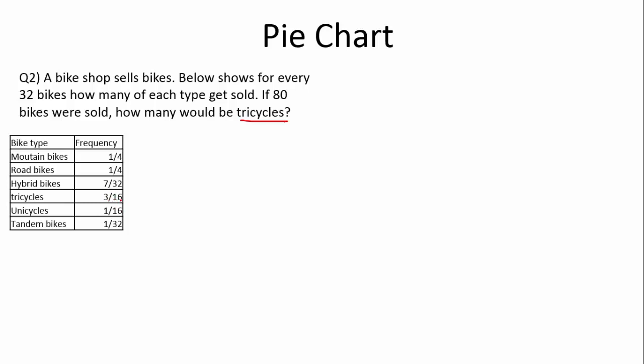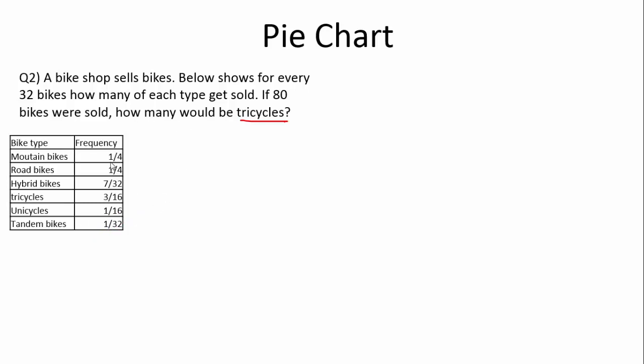So if we looked at every 32, we would know that 6 of them would be tricycles. Okay, so we know that 1 out of every 4 bikes sold is mountain bikes, the same for road. 7 out of every 32 bikes sold are hybrid. 3 out of 16, 1 out of 16, and only 1 out of every 32 bikes sold are tandems.